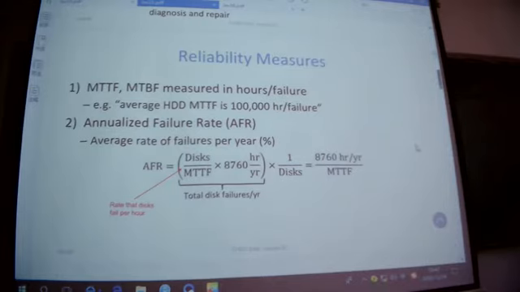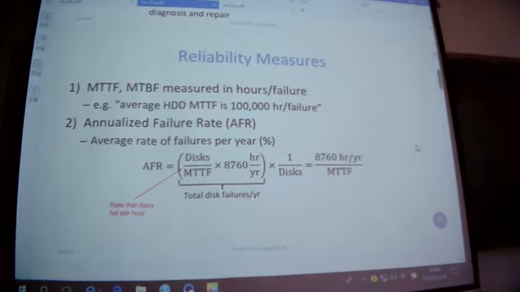Reliability measures: MTTF and MTBF are measured in hours per failure. For example, average HDD MTTF is 100,000 hours per failure. So we can see as hours increase, the reliability increases, because hours is in the numerator. AFR, the annualized failure rate, equals the average number of failures per year.